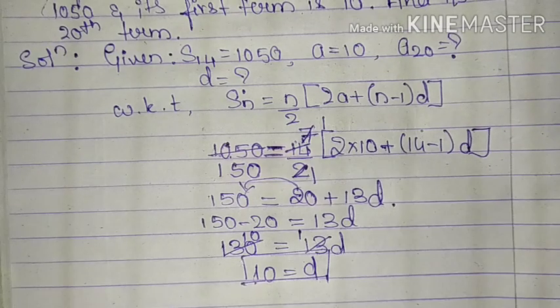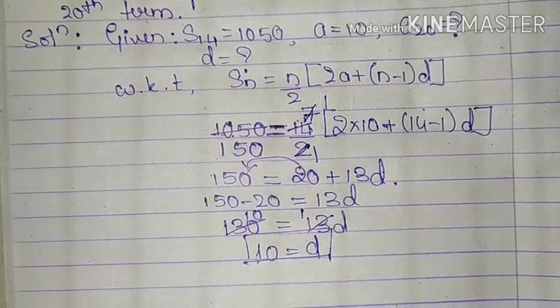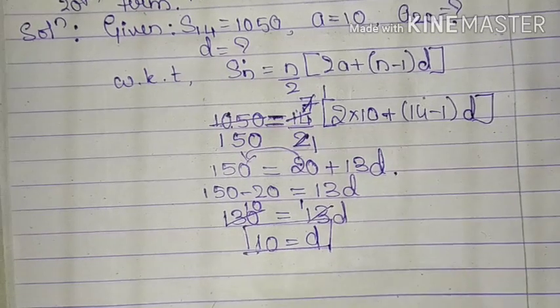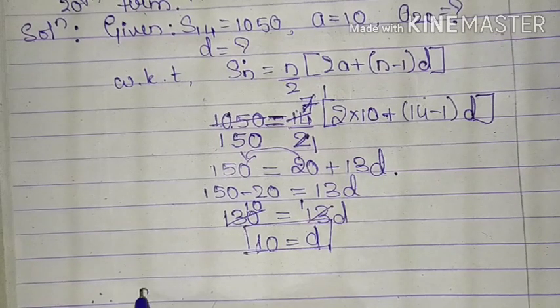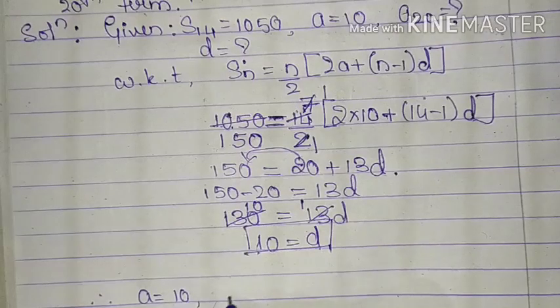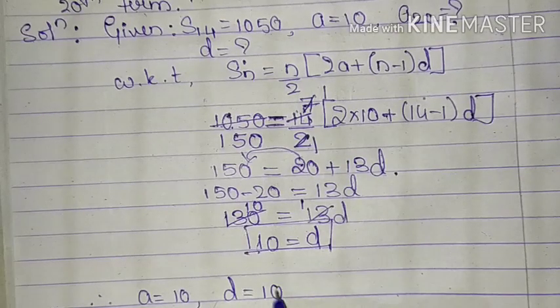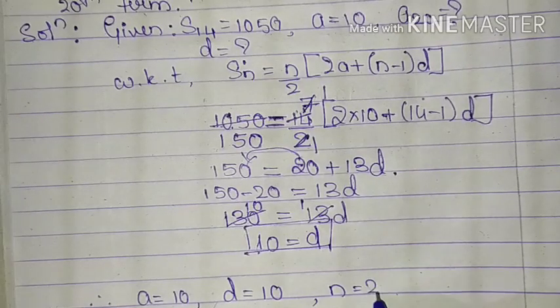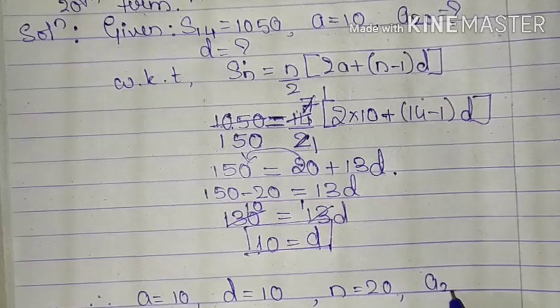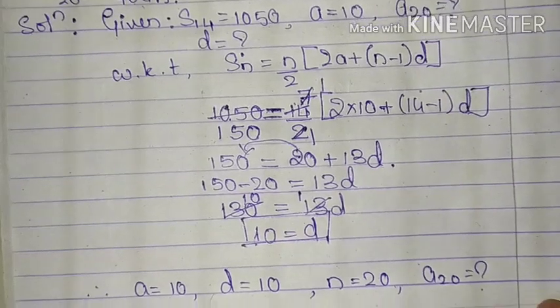Now we have to find the value of 20th term. Therefore a is equal to 10, d is equal to 10, n is equal to 20, a20 is equal to how much?